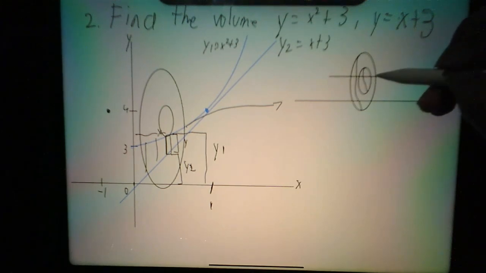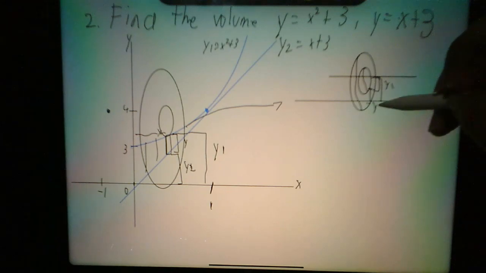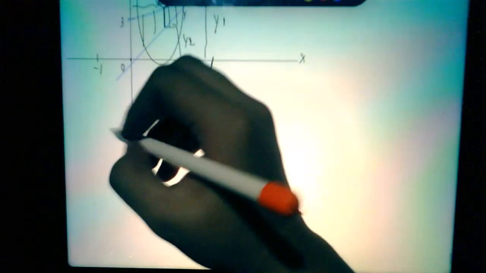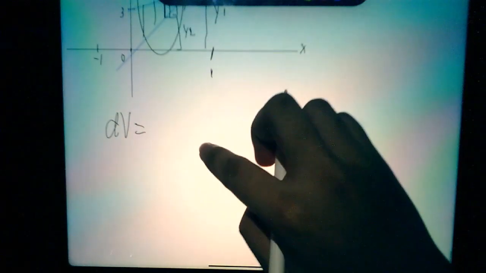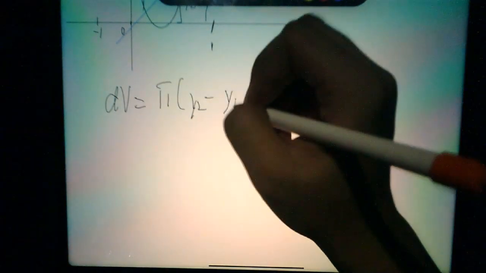So from this part to this part, this is our y1, y1 here, and this is our y2. So by doing the differential volume, this is just equals to pi, y2 minus y1 dx.